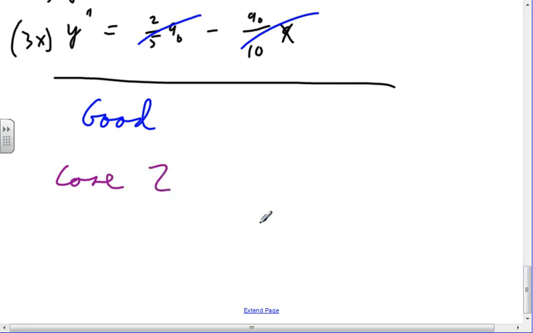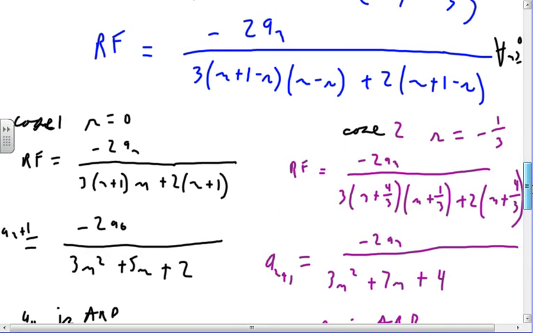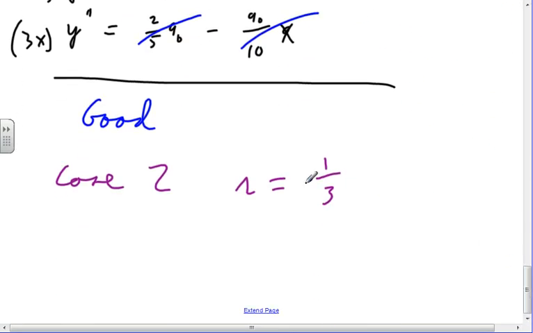Case 2. r is equal to 1. Is it 1/3? r is equal to minus 1/3.